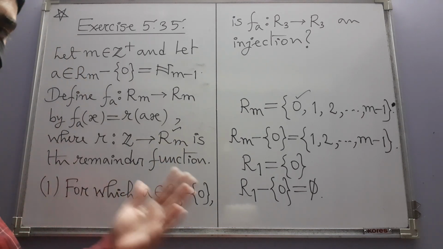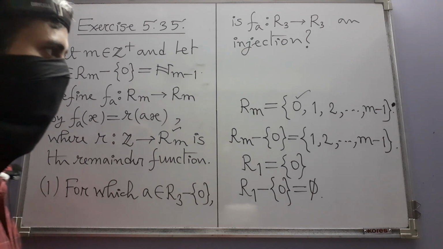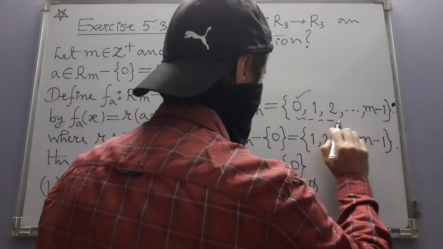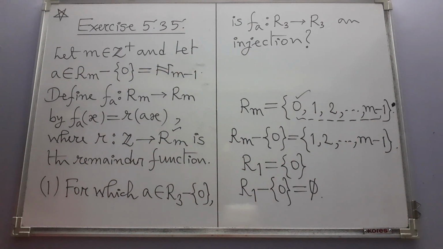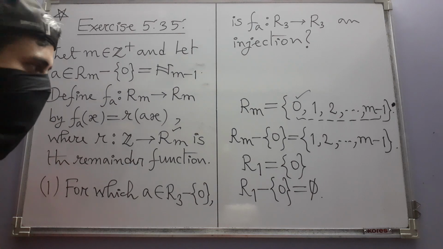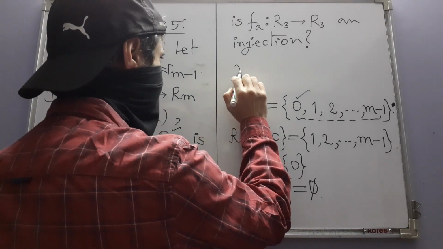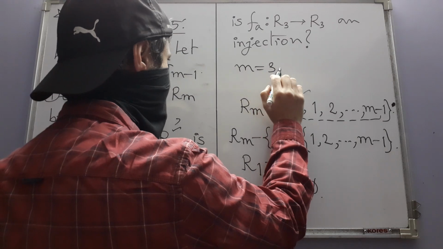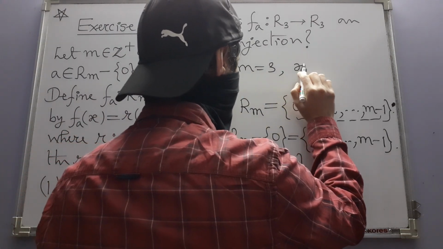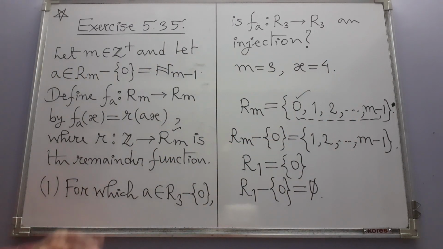When you divide any integer by m, where m is a positive integer, by the Euclidean algorithm, these are the possible remainders. And that is why whatever remainder you are going to get for a given input, for example, say m is equal to 3, and say your x is 4. 4 is some integer.